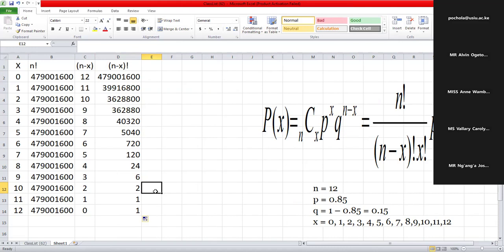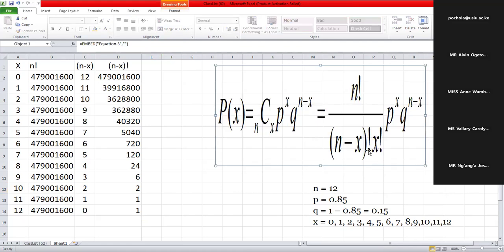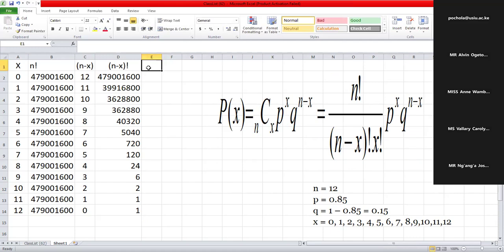I'm repeating, I hope you're doing what I'm doing. So I'm done with this one. Now go to x factorial. It doesn't matter where it is. Where is x? X is the first column in Excel here. That is fact. The first value of x is 0.